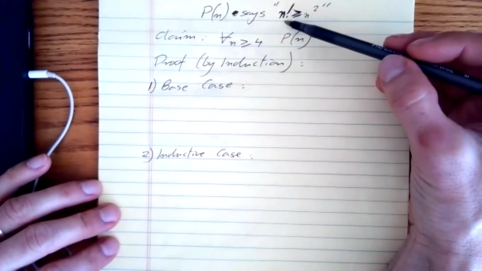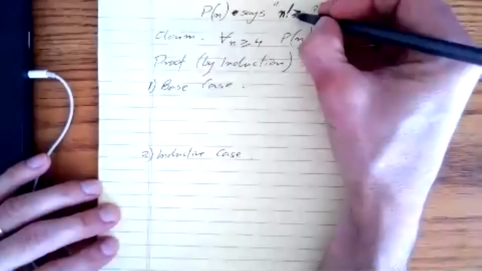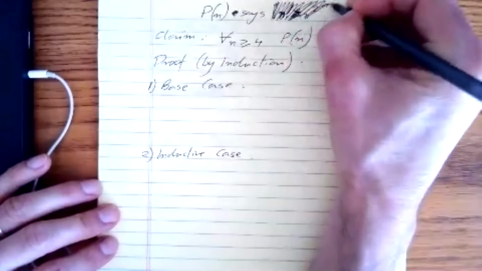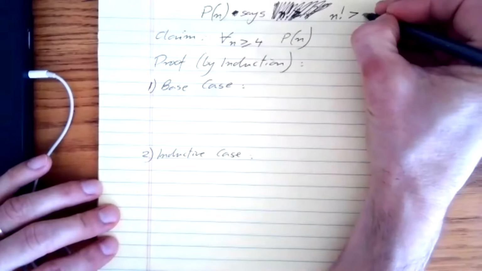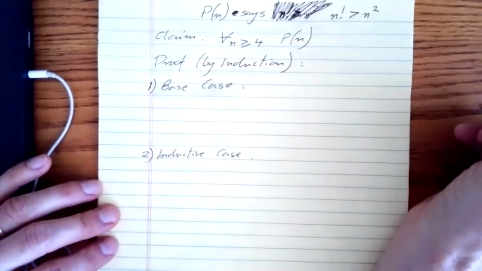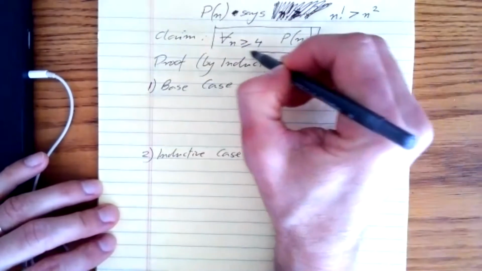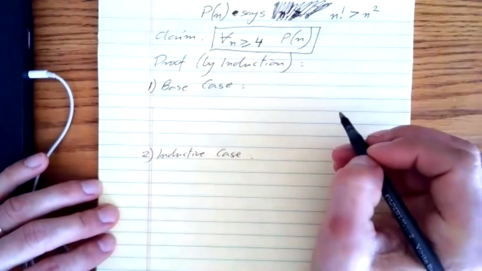It says that n factorial is greater. Sorry, it was a strict inequality. It says that n factorial is strictly greater than n square. And the claim is that this predicate holds for all integers larger or equal to 4.